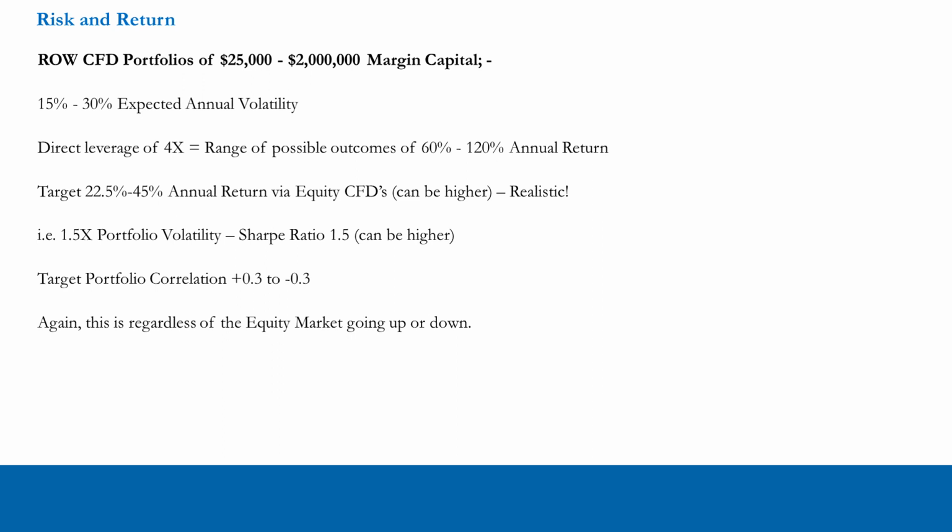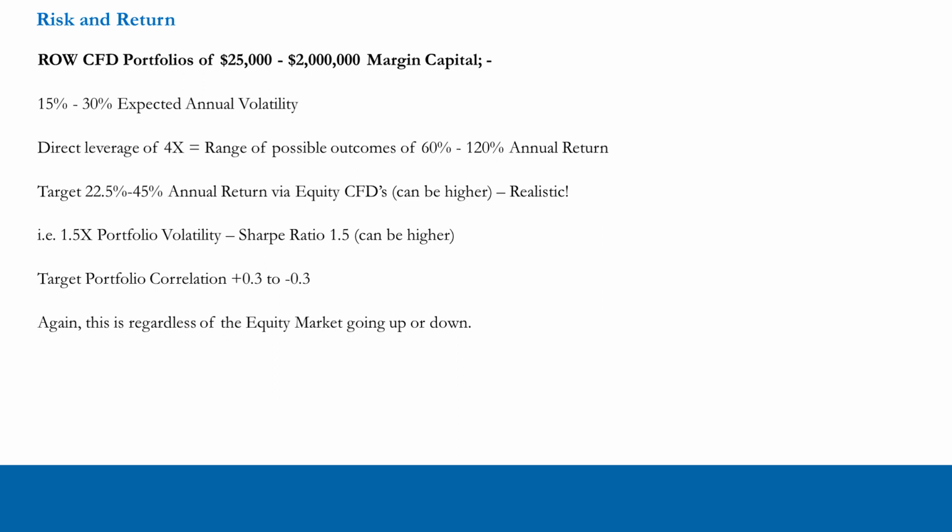You can get a lot more leverage through options on average over many trades over a long period of time versus CFDs. Okay. And again, remember, options change the risk profile of the portfolio relative to CFDs, relative to outright naked long short.